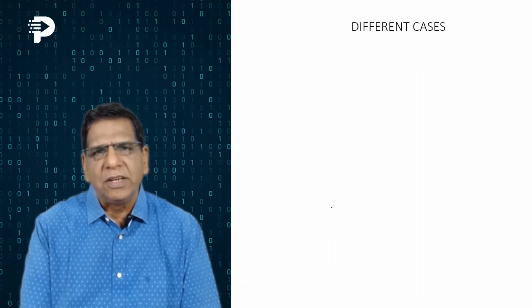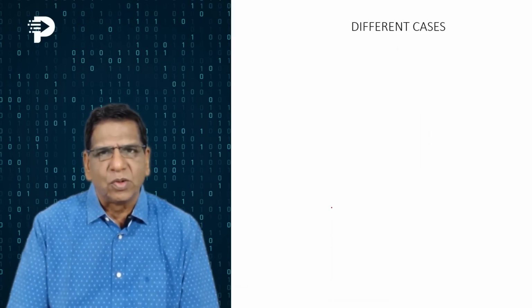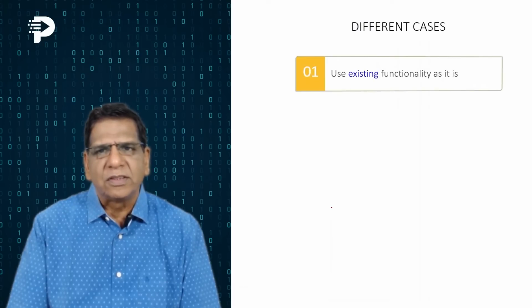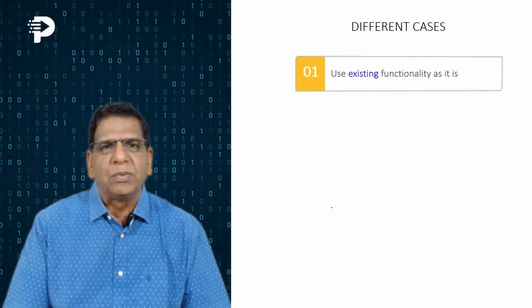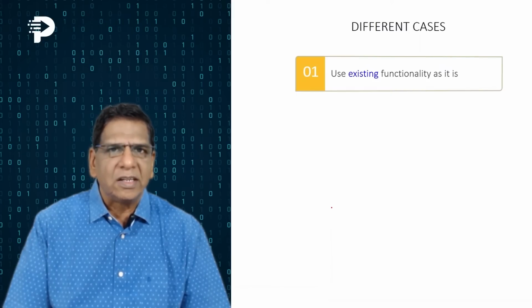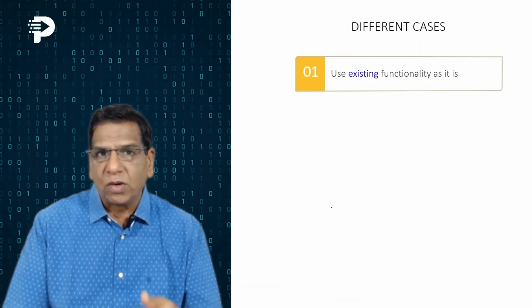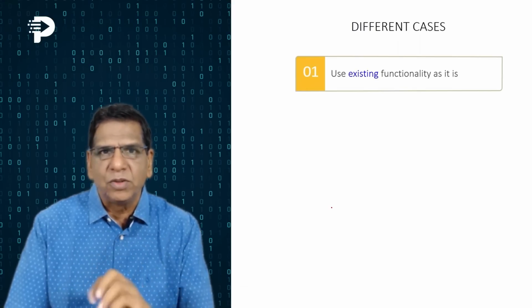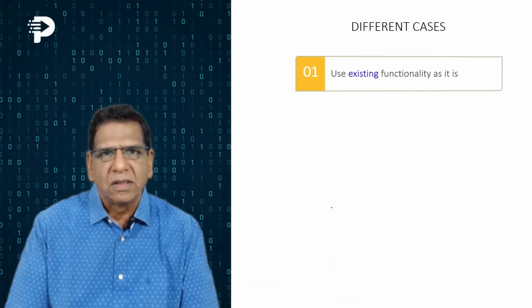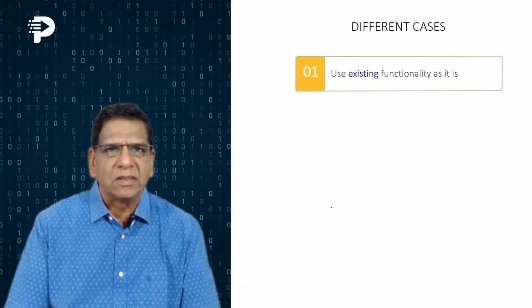So basically we came across 4 cases if you notice carefully. First is, we now know that through the inheritance chain we would be able to use the existing functionality as it is. That is what happened in case of the function f1. It was there in the base class, we used it from the base class. So we basically made use of the existing functionality.